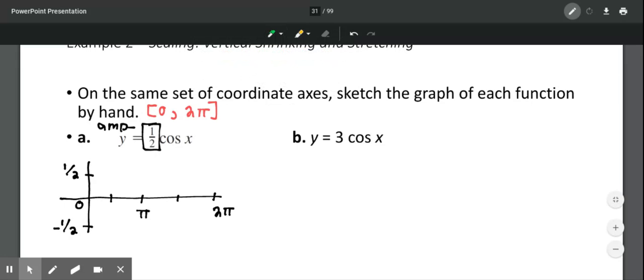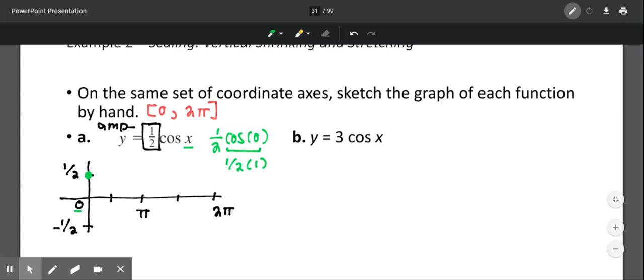Okay, so now let's draw cosine. Remember, the last one we graphed was sine, and it started at the origin. And cosine always starts up, because if we plug a 0 in for our x to figure out where we're starting, we do 1/2 times the cosine of 0, and we know from our unit circle that cosine of 0 is 1. So we would get 1/2 times 1, which means when our x is 0, our y coordinate is going to be at 1/2.